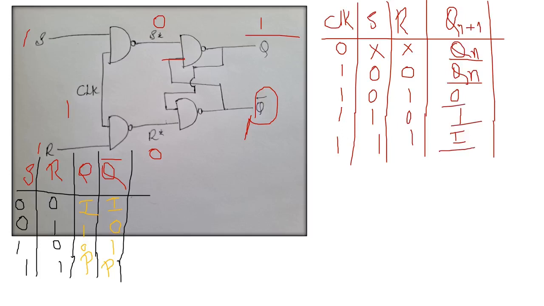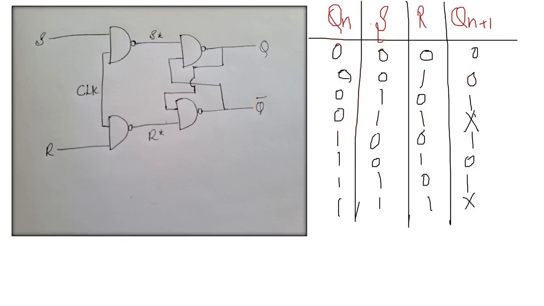Let me write the characteristic table. So here you can notice this is the characteristic table of the SR flip-flop. When 0 0 0, it will be Qn plus 1, previous output. Here X indicates it is don't care.